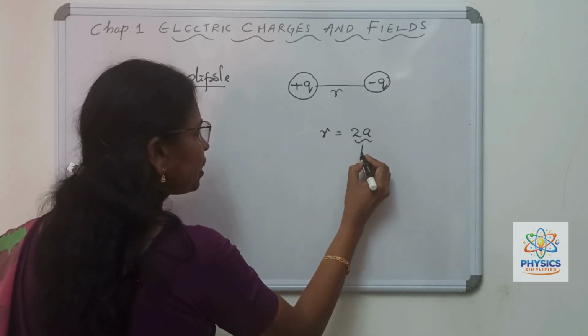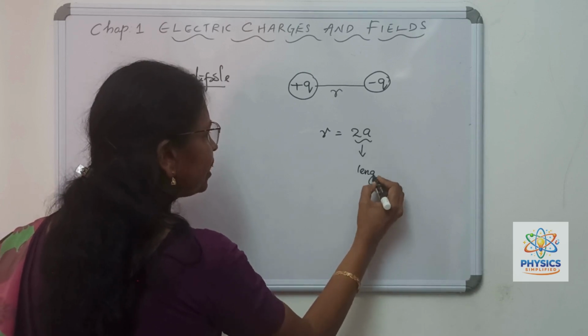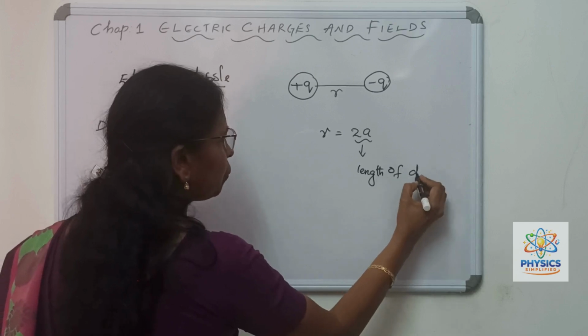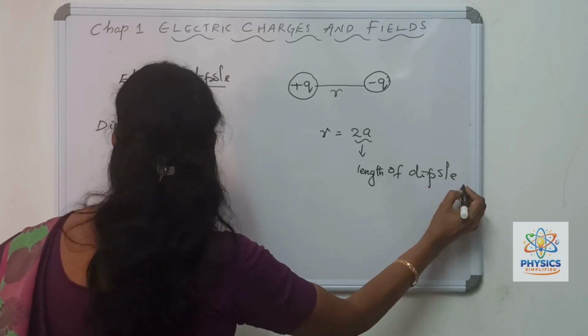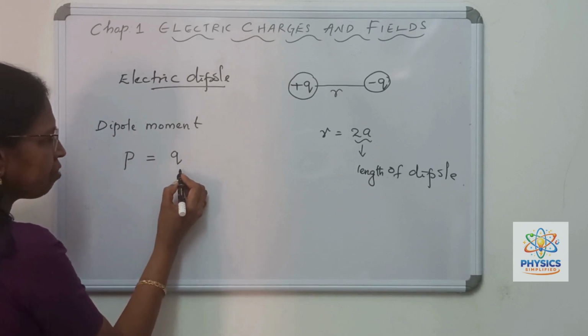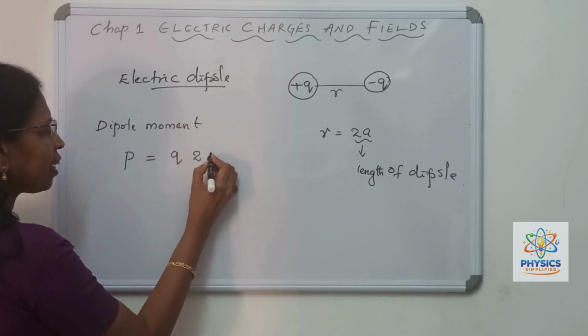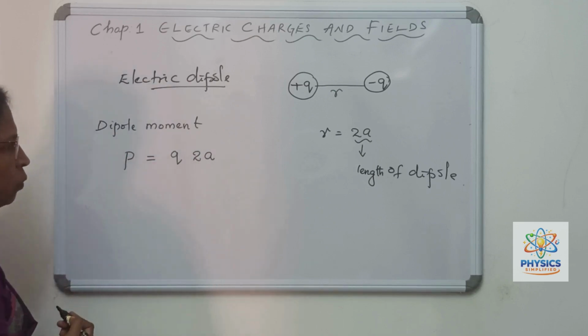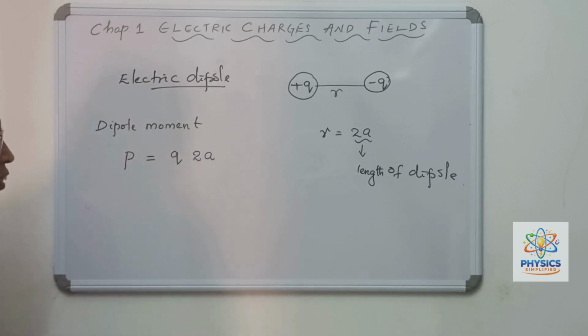This 2a represents the length of the dipole. Therefore, dipole moment is equal to the product of either of the charges and the length of the dipole. P is equal to Q into 2a.